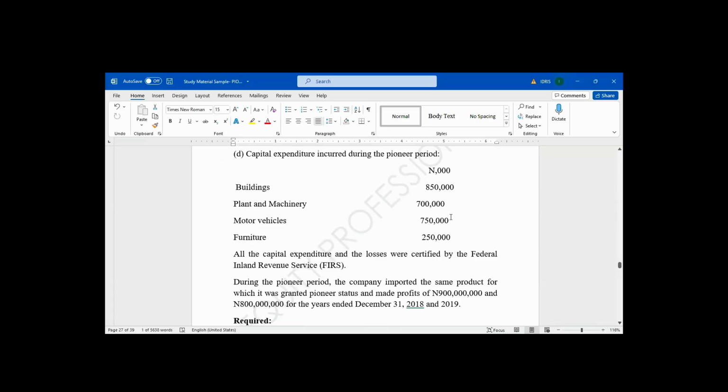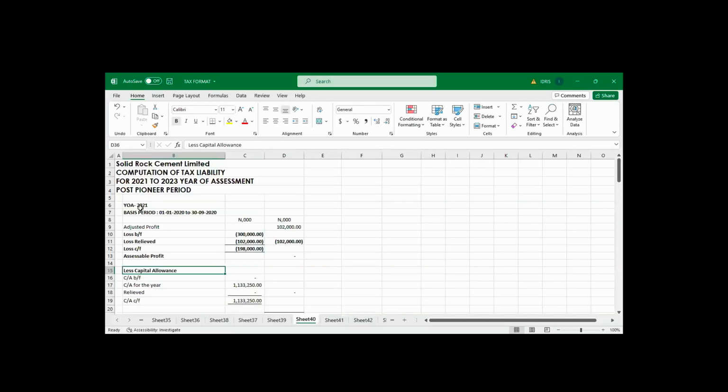Now, let's go and compute the capital allowance. If we go back to our Excel, this 2021 year of assessment, the basis period is 1st January 2020 up to 30th September 2020. How many months? 9 months.